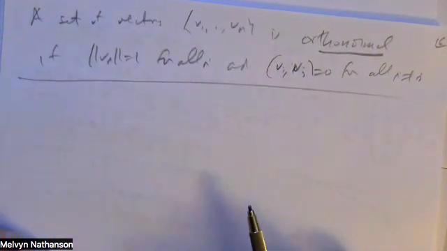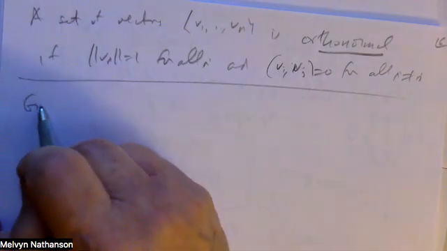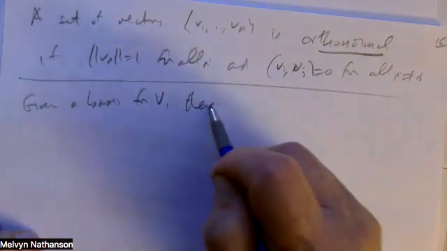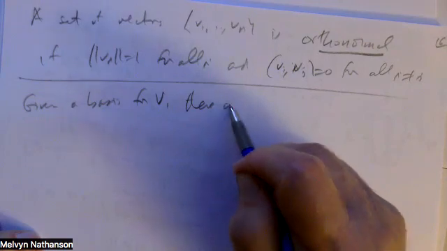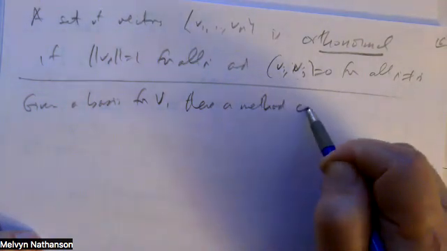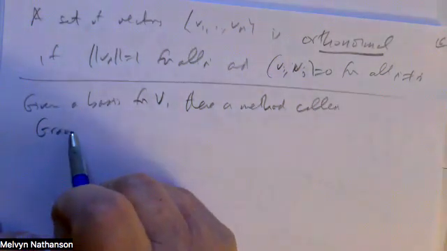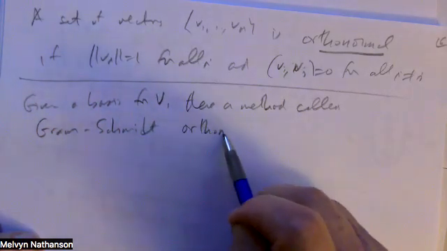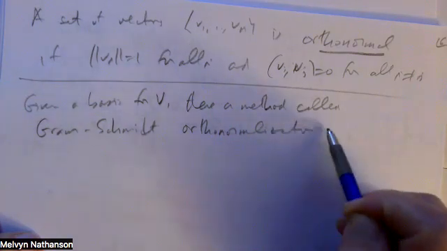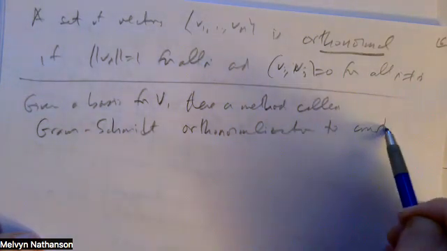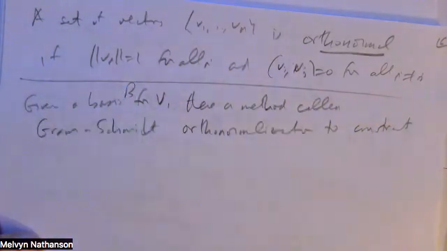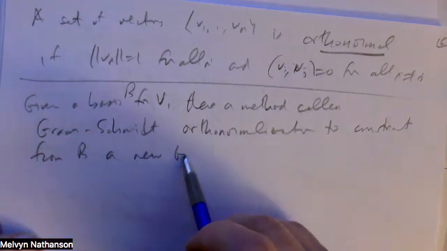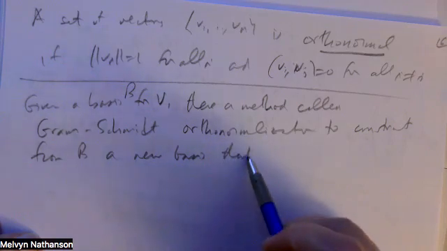And there is a nice method. Given any basis for a vector space V, there is a method called Gram-Schmidt orthonormalization to construct from the basis B a new basis that is orthonormal.